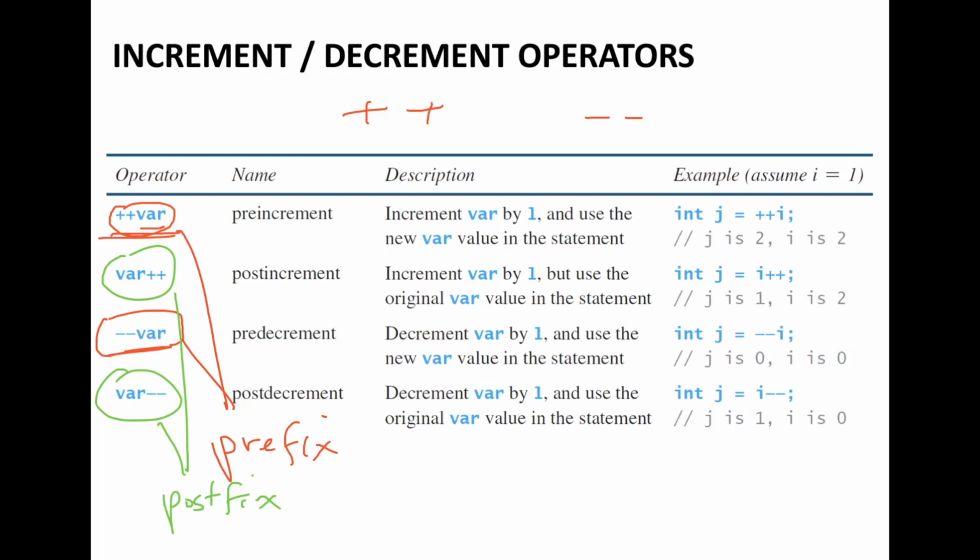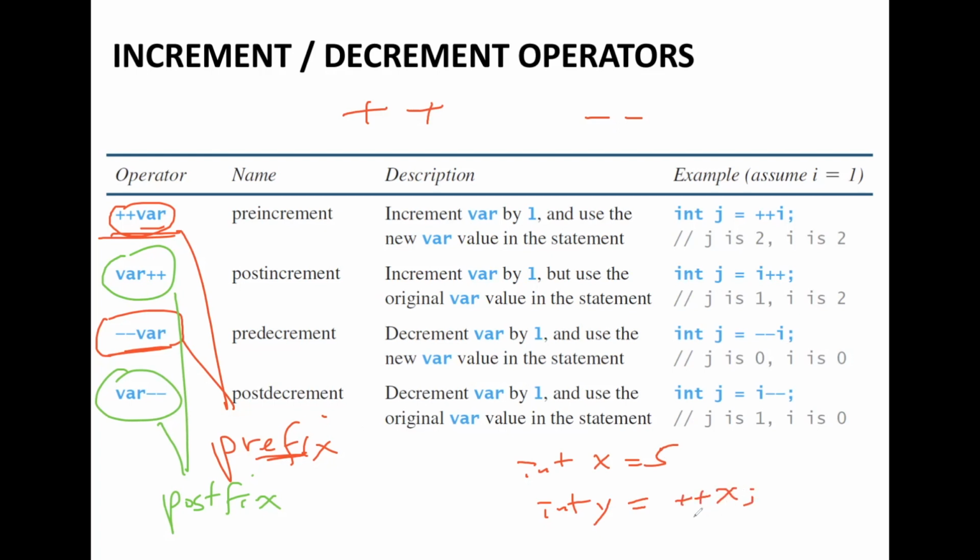Whenever you have a prefix version like this one, it increments the value of the variable by 1. The incremented value is then used in the expression where the operator appears. For example, if you have an integer x equals 5, and you would create another integer y by incrementing x in a prefix way.